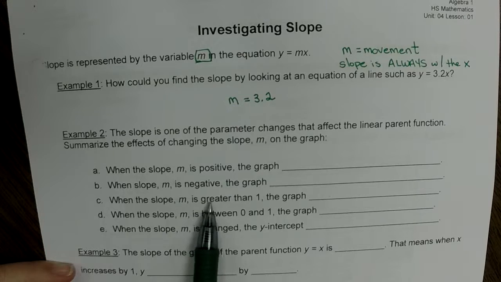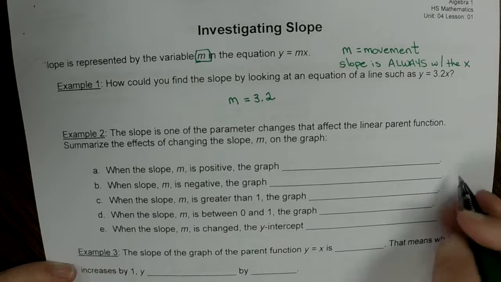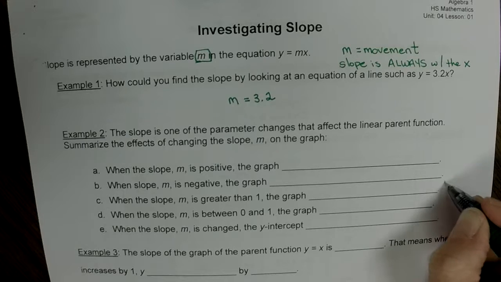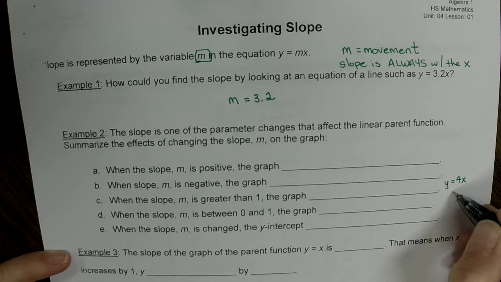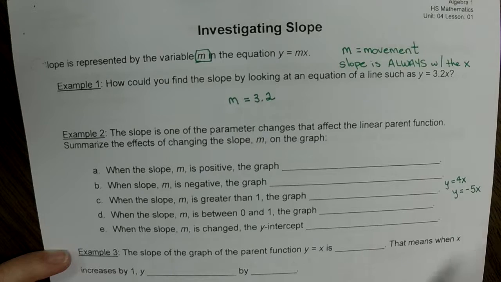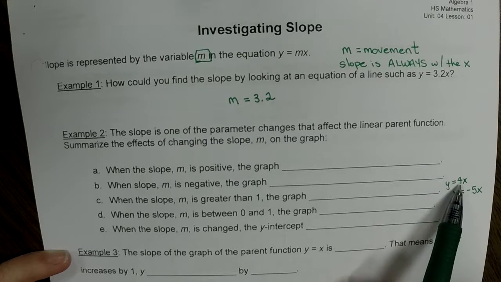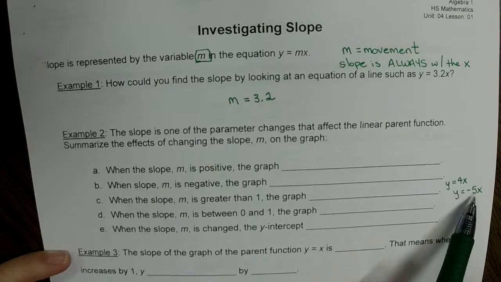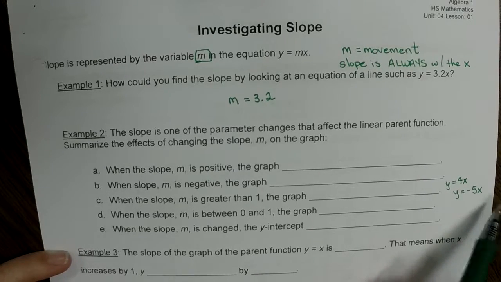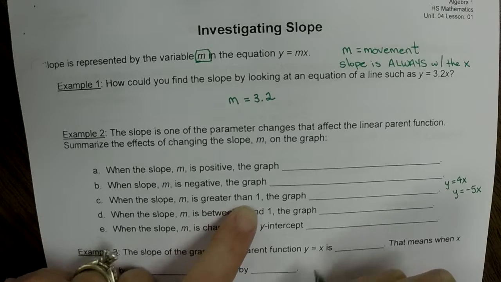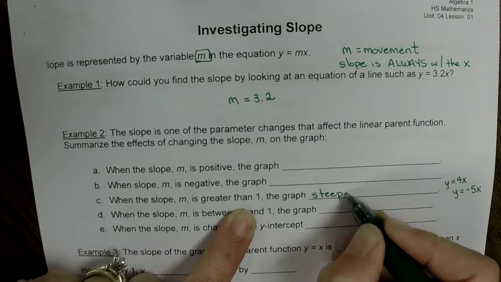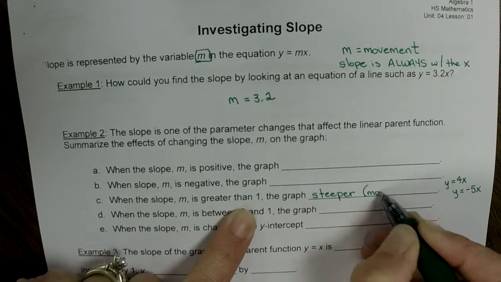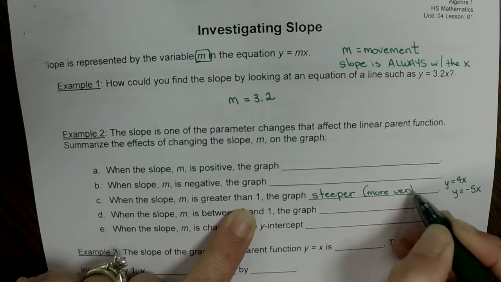So when the slope m is greater than 1, so for instance, let's say we had y equals 4x, or y equals negative 5x. Notice my slope is 4 and my slope is negative 5. When that happens, that means that the graph is going to be steeper. Or you can put that it's more vertical than the original graph.